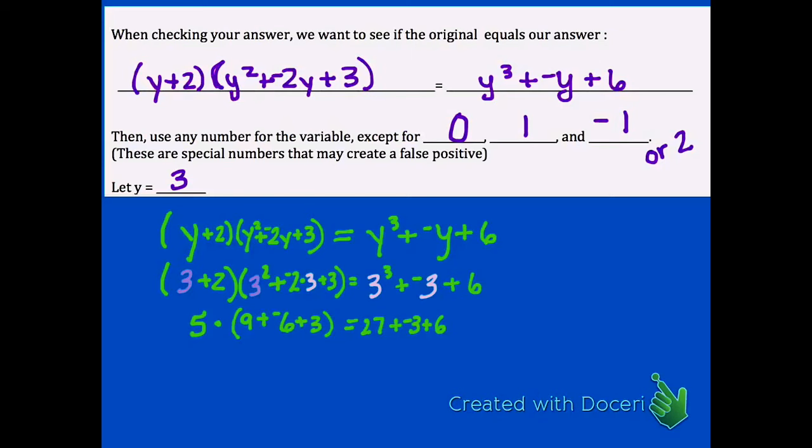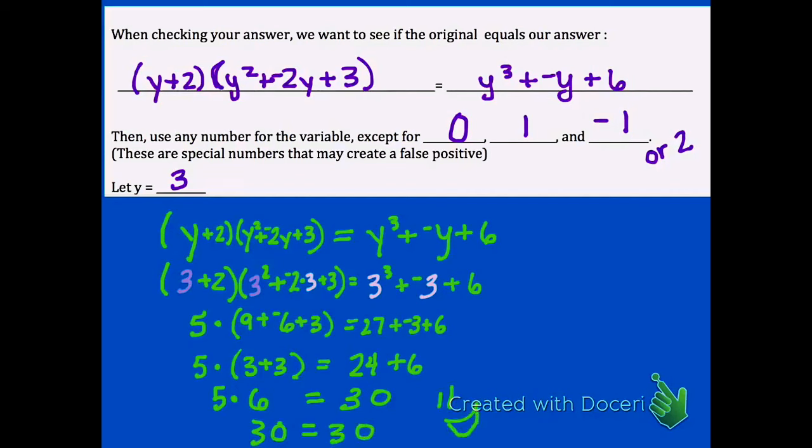And then continuing to simplify, I get 5 times, and the 9 plus negative 6 is going to give me 3 plus 3. And on the other side, I've got 27 plus negative 3, which would be 24 plus 6. And so that's 5 times 6, which equals 30, and 5 times 6 is 30. And so I get 30 equals 30.